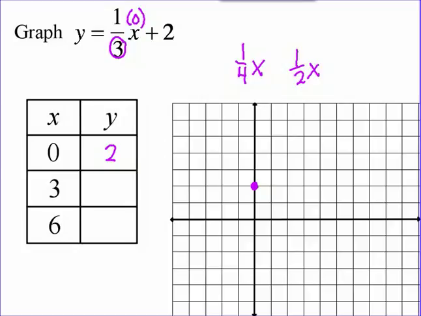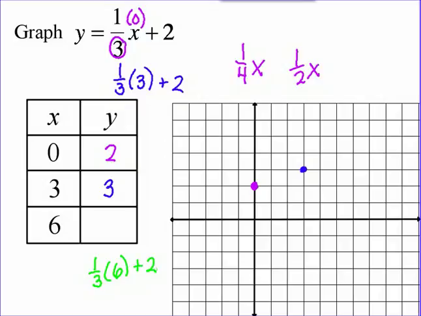Now I'm going to do the same thing with 3. So I'm going to take 1/3 times 3. What is 1/3 times 3? 1. Add 2, 3. See, the whole purpose of using the 3 and the 6 is that you're going to get whole numbers as your answer. So I'm going to put a dot at 3, 3. Your next one, I'm going to take 1/3 times 6, and then add 2.